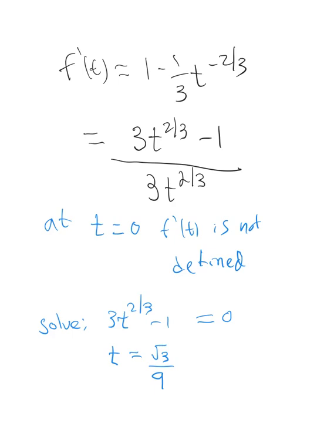So what that tells us is that f prime of the square root of 3 over 9 is equal to 0. So the critical numbers are t is equal to 0 and t is equal to the square root of 3 over 9.